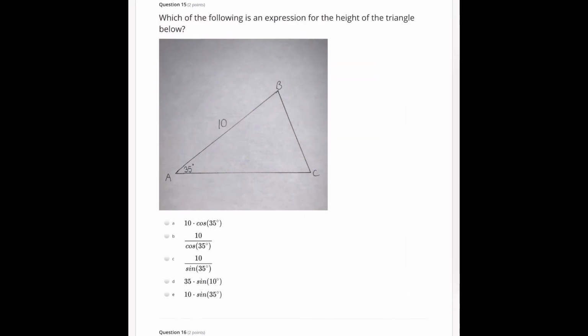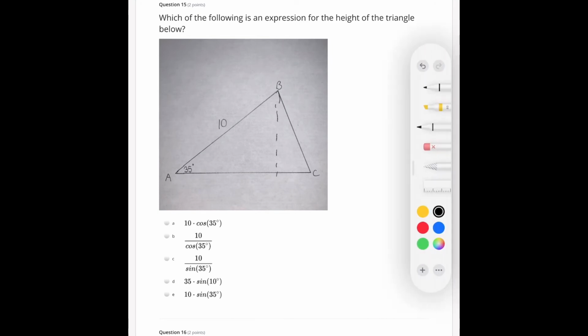Alright, 15. Which of the following is an expression for the height of the triangle below? So let's find the height. Okay. So we're going to use this right triangle, and we'll use 35 for theta.